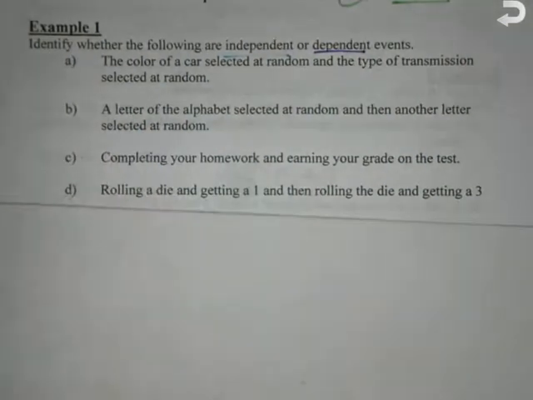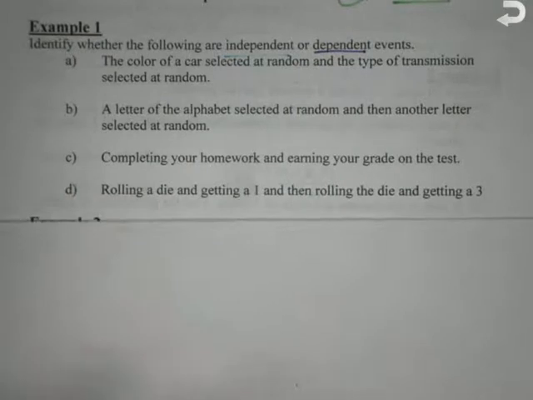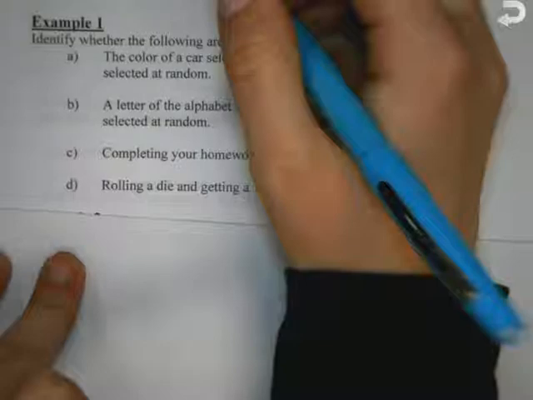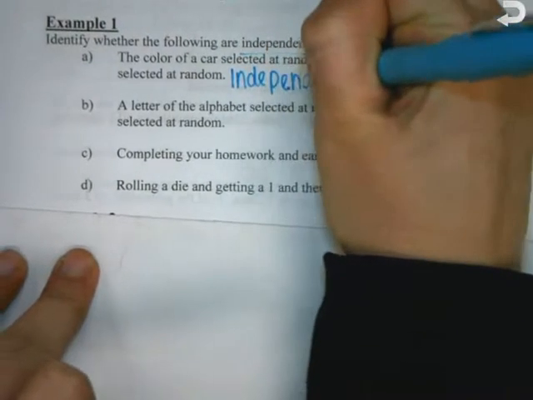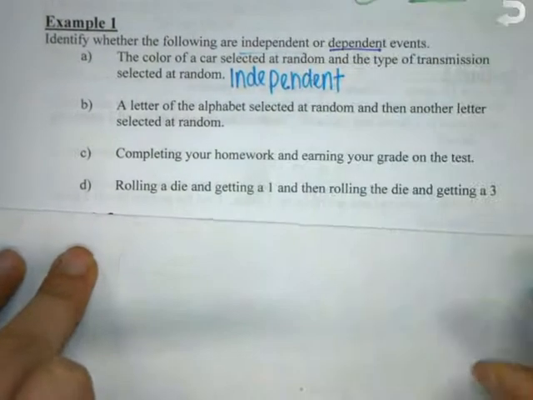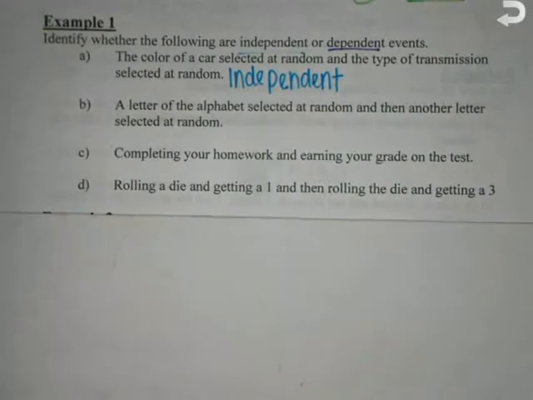No. So are these independent or dependent? Independent. Okay, so I could select a blue car and transmission number 1. You know, like it doesn't matter which car I pick for the transmission.